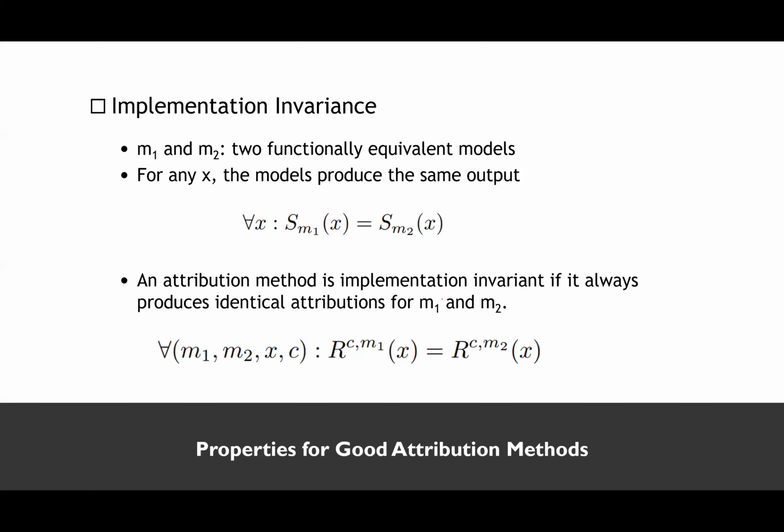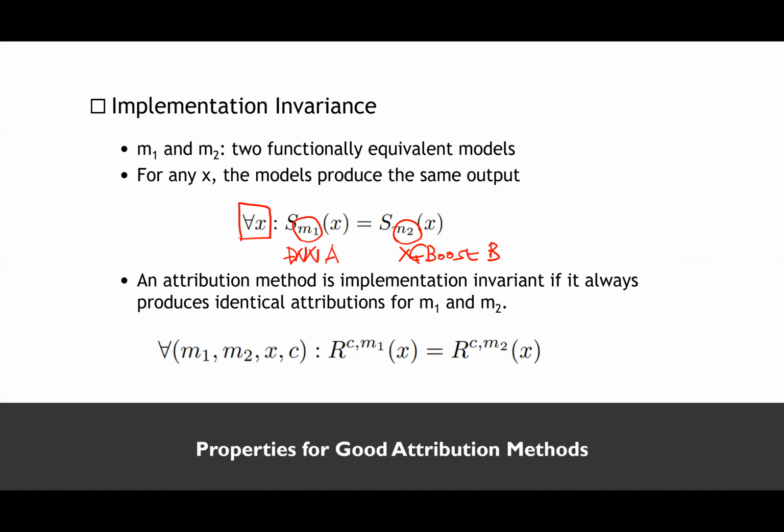The second one is implementation invariance. When there are two functionally equivalent models, for example, M1 is a DNN and M2 is XGBoost, for any x the models produce the same output. Suppose DNN model A and XGBoost model B generate the same output for all inputs x.